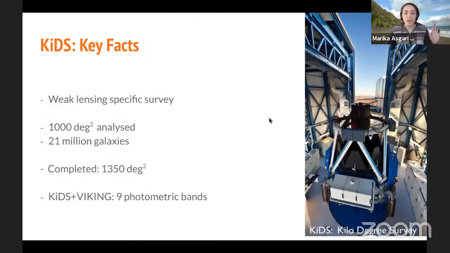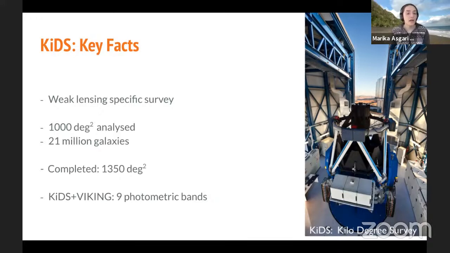Before I show you the results, I want to tell you a little bit about KiDS. It's a weak lensing specific survey, meaning that the quality of the image is very high, and that's very useful for getting the shapes of the galaxies accurately. So that's the first ingredient.